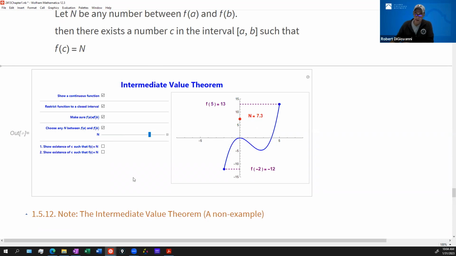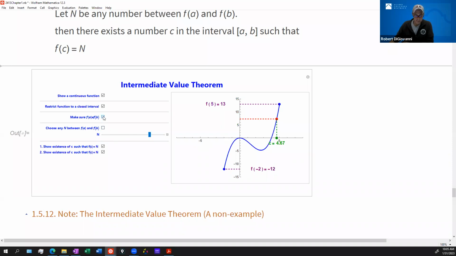I'll give you a moment to see if you can figure out where the c is that gets me to that point. So here it comes. We go over, we go down, and we find that value. Notice that value, c equals 4.67, lives between the two endpoints of the graph.